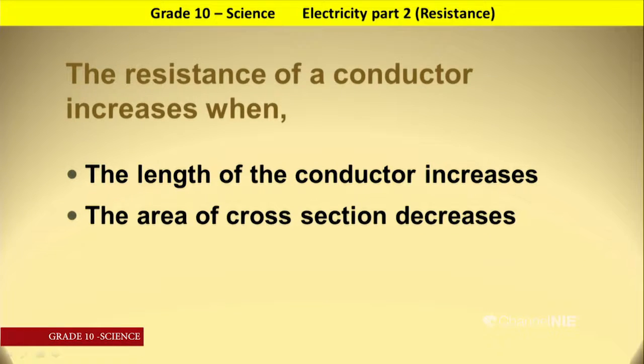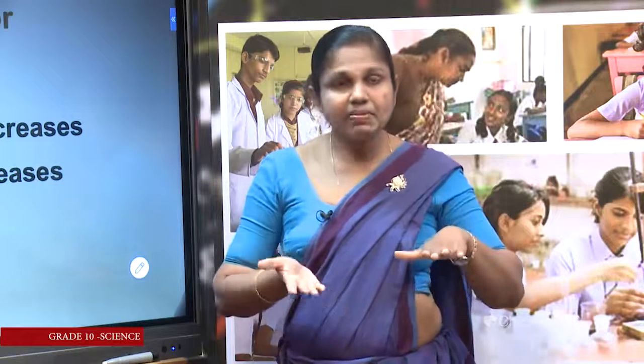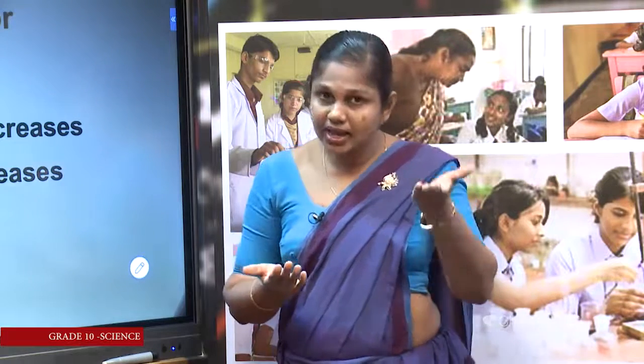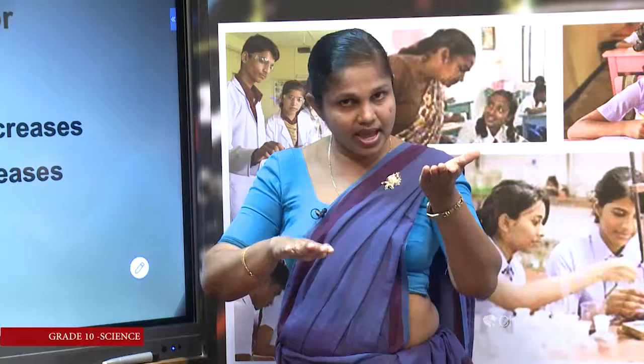Next, the resistance of the conductor increases when the cross-sectional area of the conductor decreases. Can you remember? When the wire with the high cross-sectional area is taken, resistance is low. So, resistance is low when the cross-sectional area is high. Resistance is high when the cross-sectional area is low.